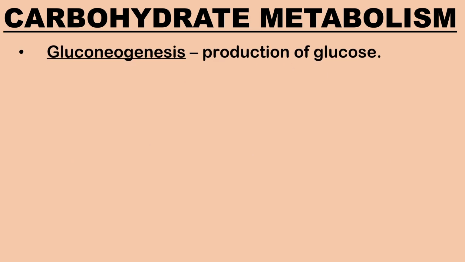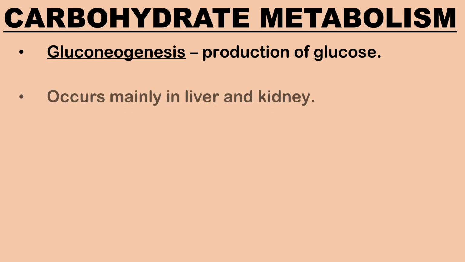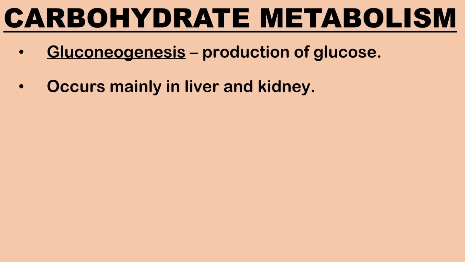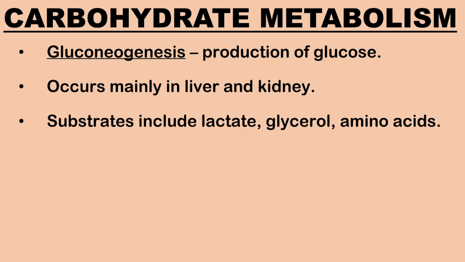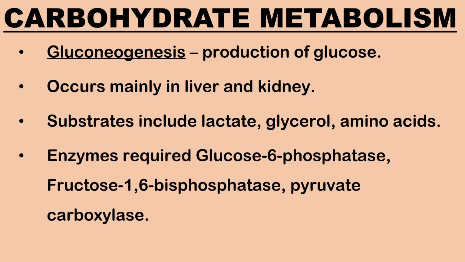gluconeogenesis. It is a metabolic pathway that results in the production of glucose from certain non-carbohydrate substrates. It occurs mainly in the liver and kidney. Gluconeogenic substrates include lactate, glycerol, amino acids, etc. Enzymes such as glucose 6-phosphatase, fructose 1,6-bisphosphatase, pyruvate carboxylase, etc. play an active role in the production of glucose.